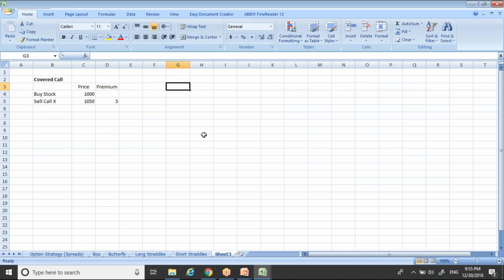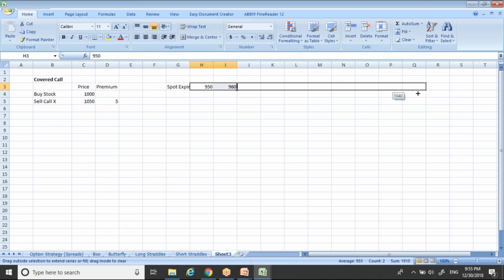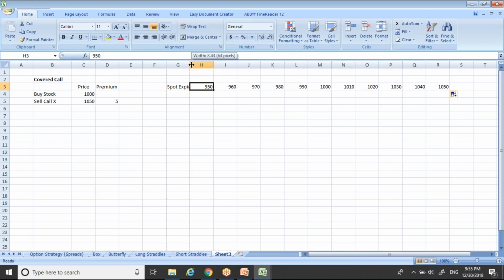So let's suppose the spot on the date of expiry is 900, not 900, 950 I keep it, and this is 960, and then I increase it to 1050. So this is the spot price.